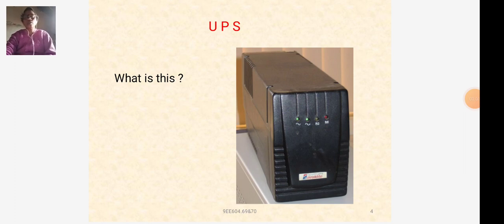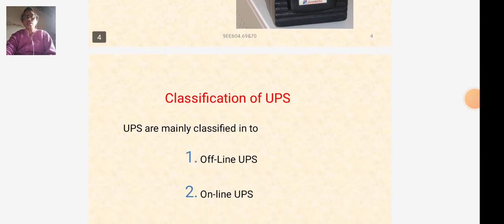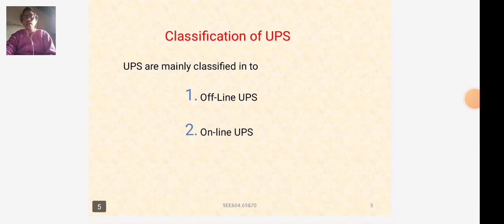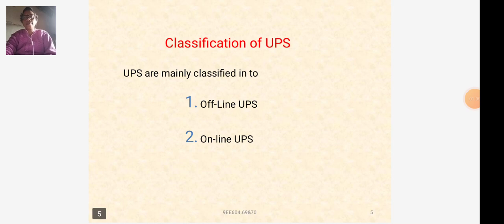What is a UPS? UPS means uninterruptible power supply. The classification of UPS is offline UPS and online UPS. The UPS are of two types, offline UPS and online UPS.